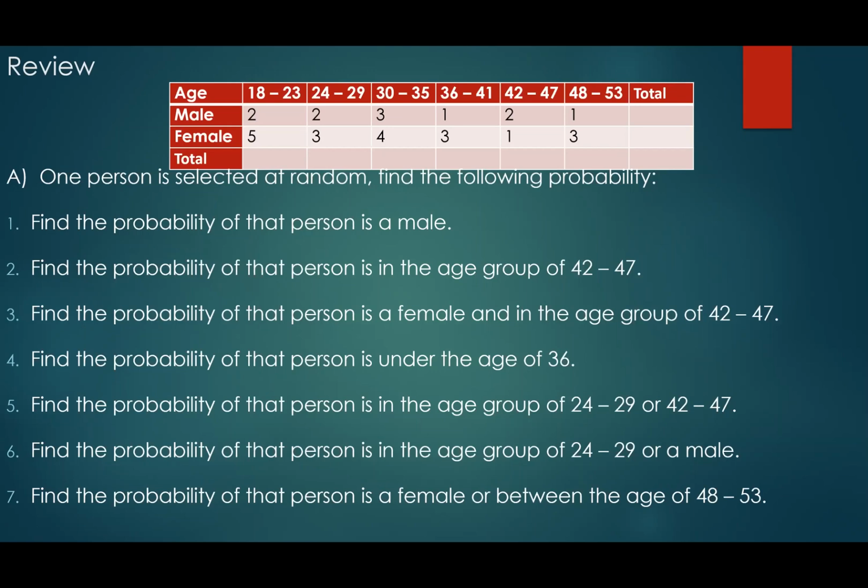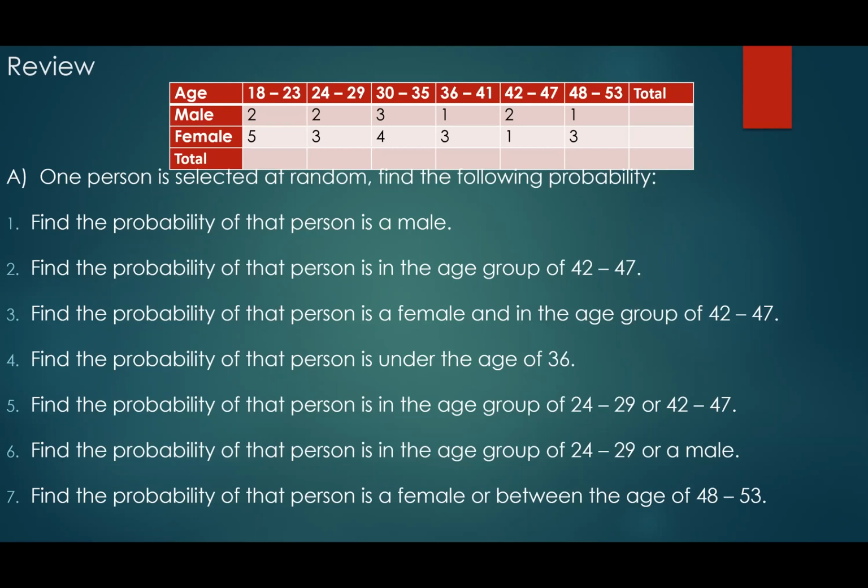If I select only one person or one item, then most of the time it's going to be either a simple probability or a mutually exclusive one, where you just add them up and divide by the total. Or if it's the word given, then it's a conditional probability. If you select multiple items or multiple people, then it will be an independent or dependent item, and you will multiply.